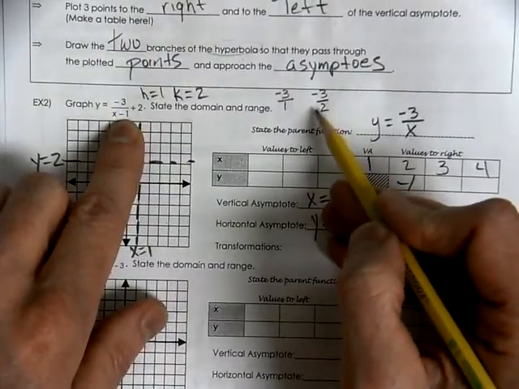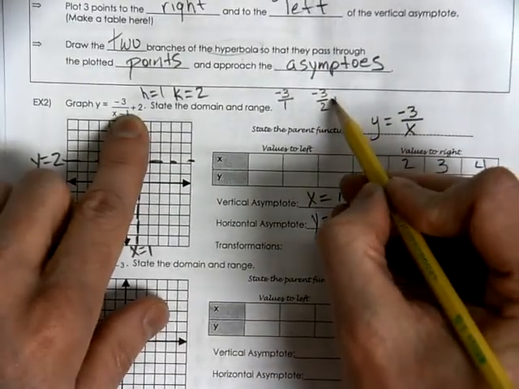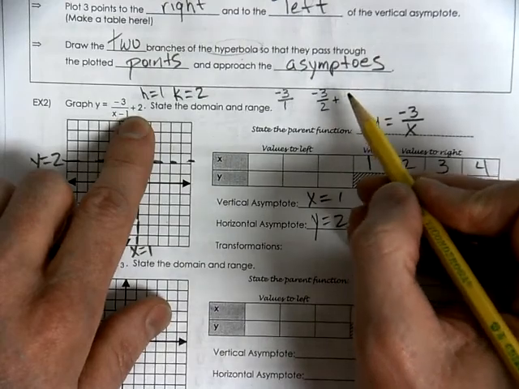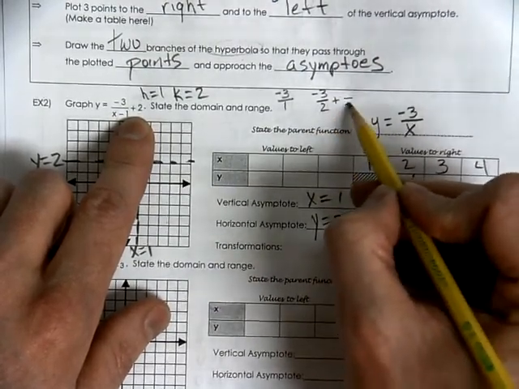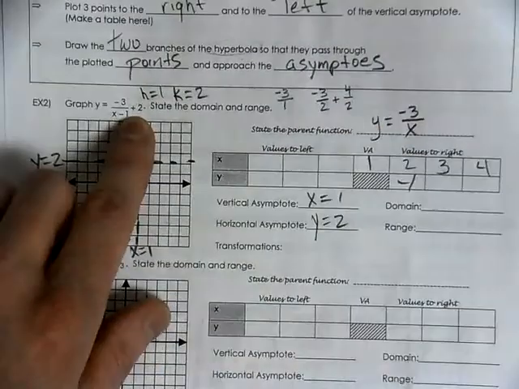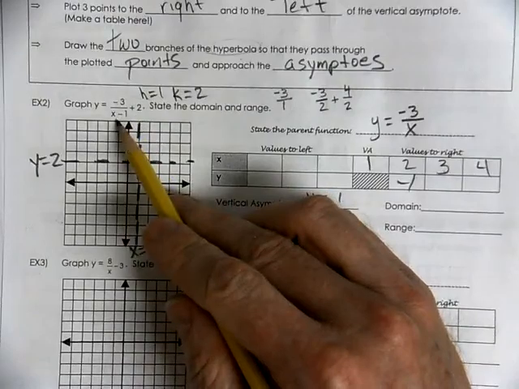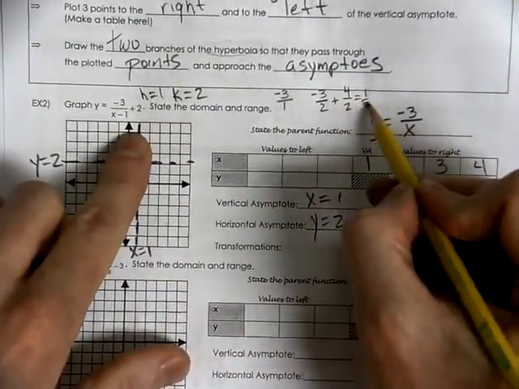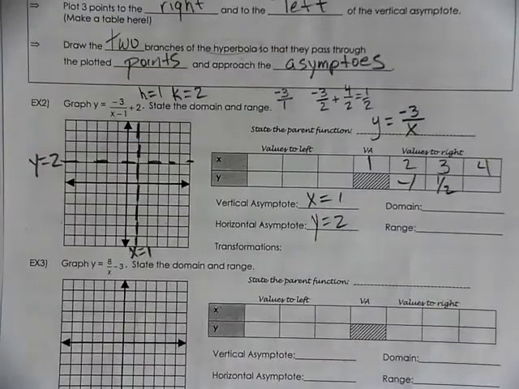So you're going to have this. You could convert it to a decimal if you thought that was going to be helpful. I like to keep it as a fraction, and we're adding 2 to it. So the fraction that represents 2 with the denominator of 2 would have to be 4 over 2. So you have negative 3 over 2 plus 4 over 2, which gives you 1/2. That can be a little tricky.